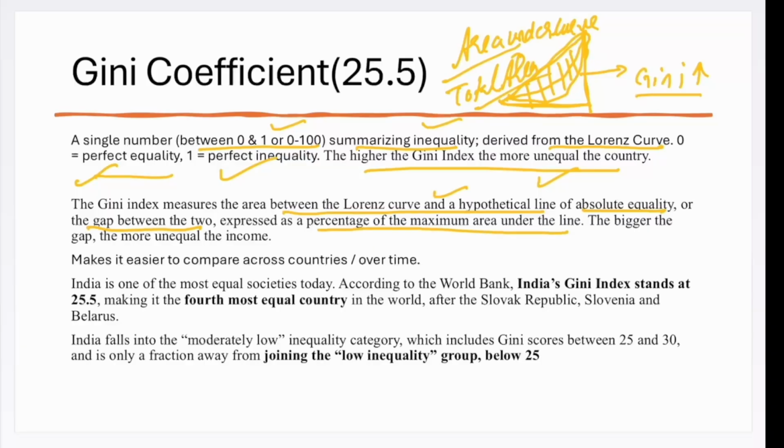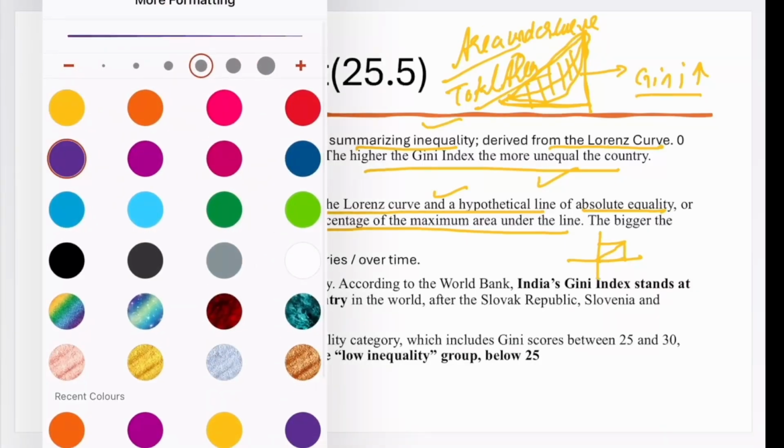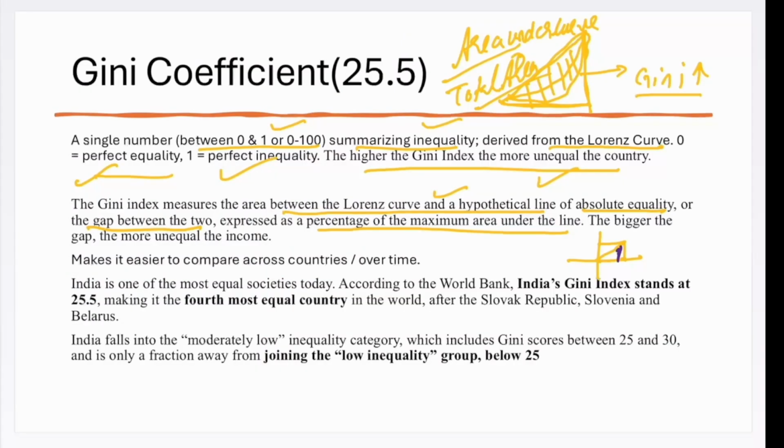What can be the maximum area? Obviously, when this is the Lorenz curve we have made, and this is the scenario under which we are trying to cover. So this area, if I mark it in this color, is the ideal scenario. This is the whole area. So this full area is the total area actually. But do we come to this area?